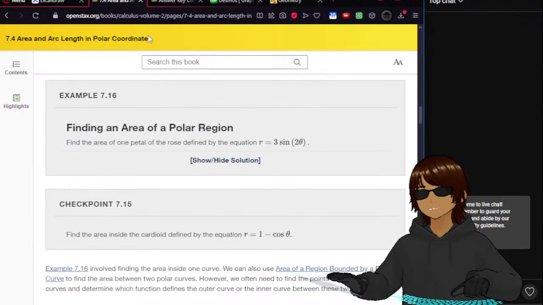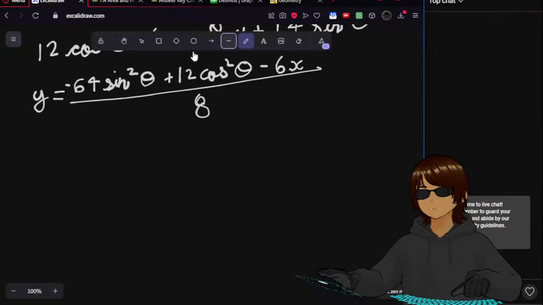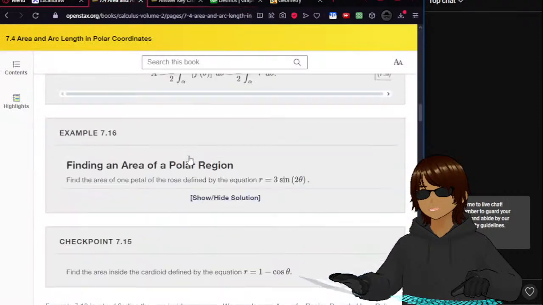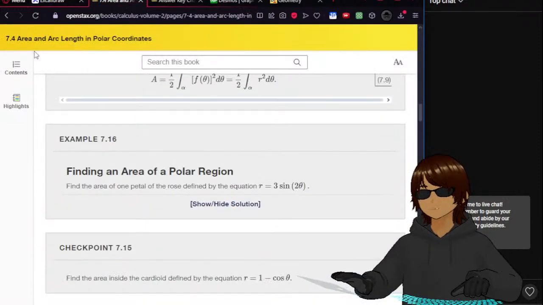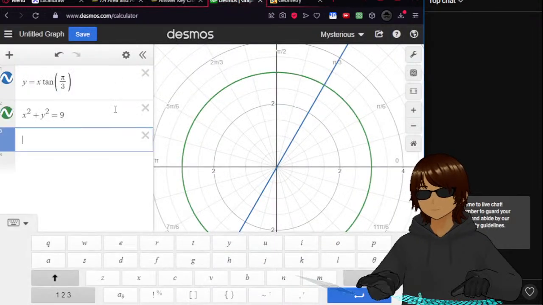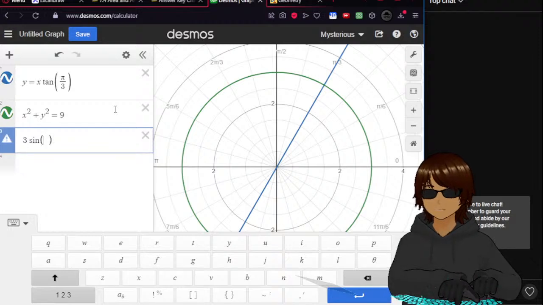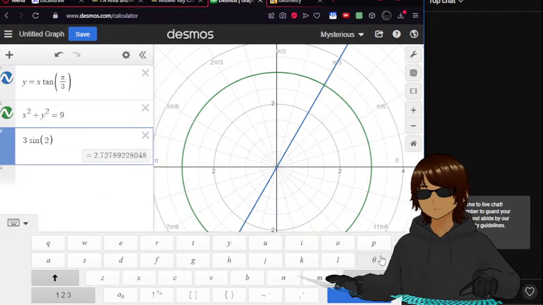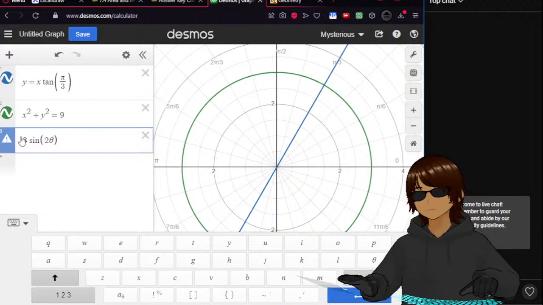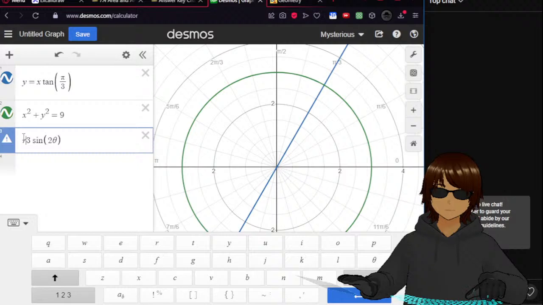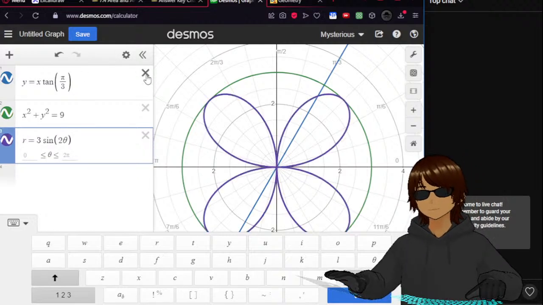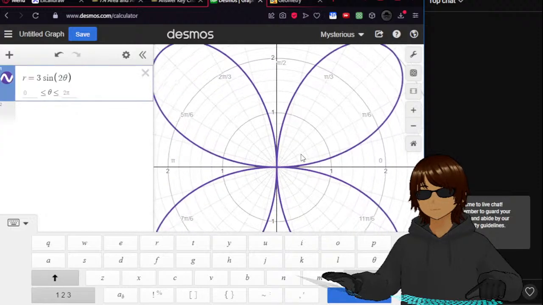Finding an area of a polar region. So we need to integrate half r squared d theta. Find the area of one petal of the rose defined by the equation r equals 3 sine 2 theta. Let's see.